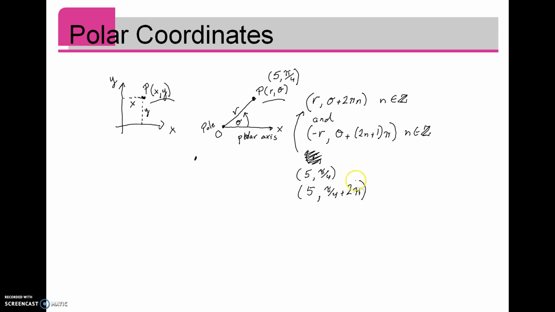It could have been minus 2 pi, it could have been plus 4 pi, and so forth. And then using this idea, we could say it's negative 5, and then pi over 4 plus, we'll say n is 1 again, so 3 pi. And that's going to be equivalent. So these could all be represented as P.